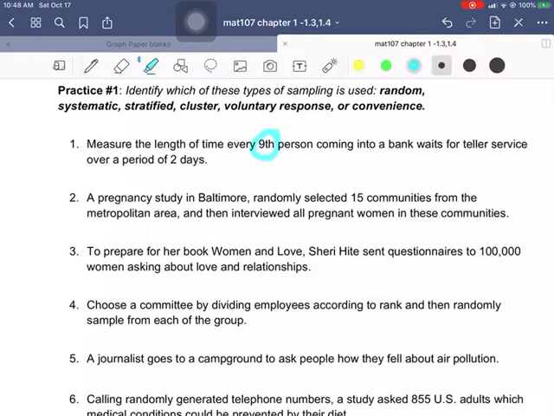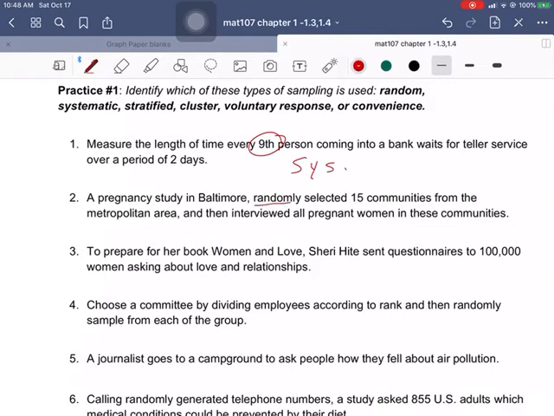Key would be every ninth person. So that is systematic, right? Ninth person, systematic.